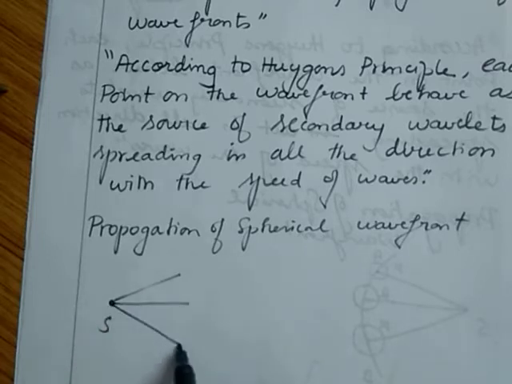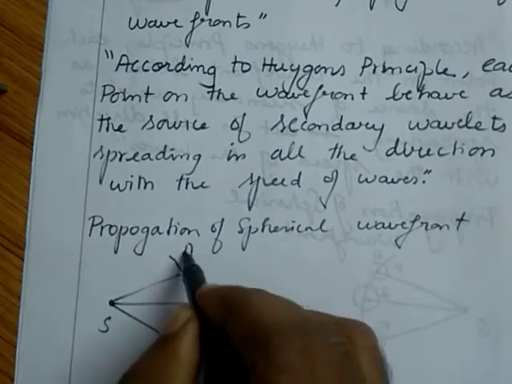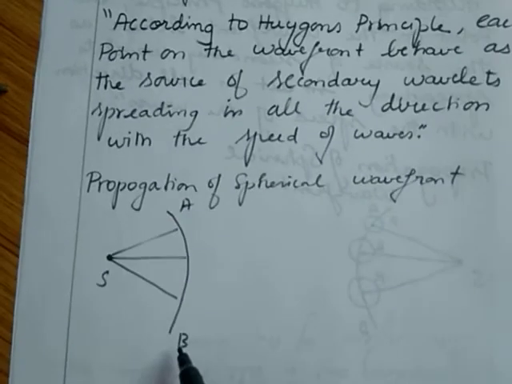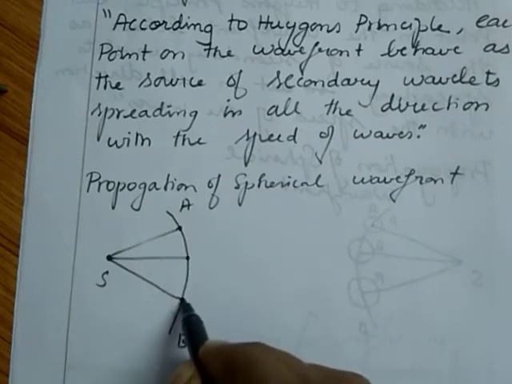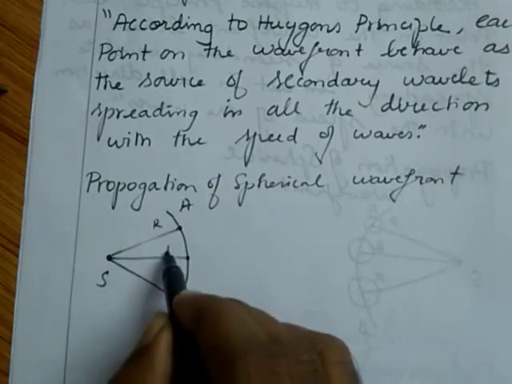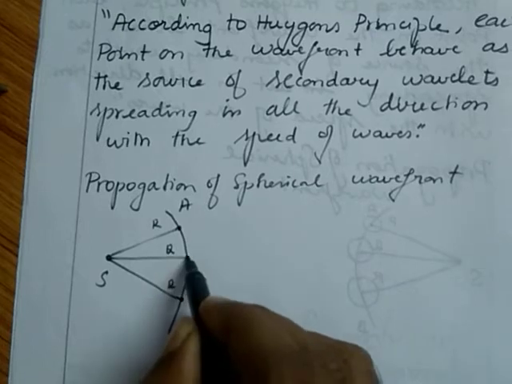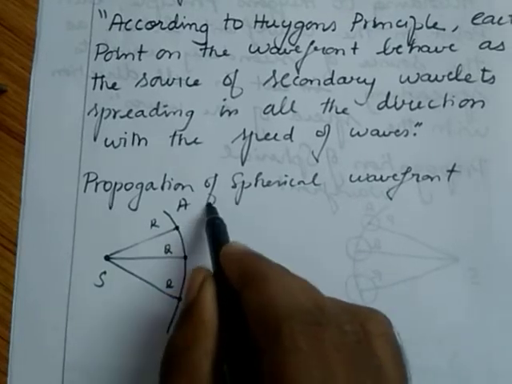Then the wavefront will be a spherical wavefront that is named as AB. Here I consider 3 points P, Q, R. These are the sources for secondary wavelets.